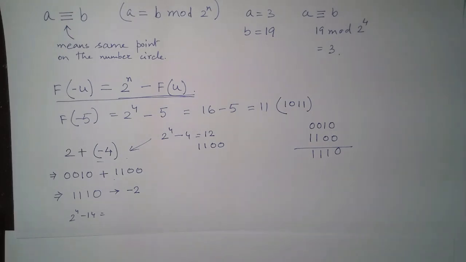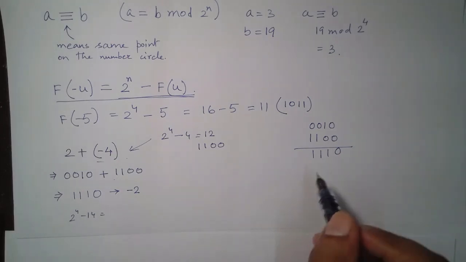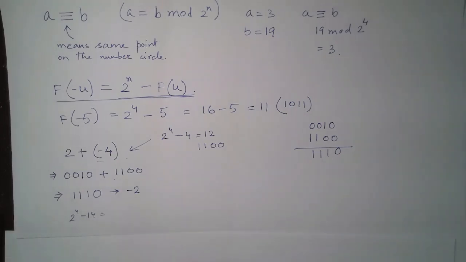All right, and there will be a lot of examples in your tutorial, and we will also try to share some practice problems. So you can verify that this 2's complement notation actually works for representing any arithmetic operations.